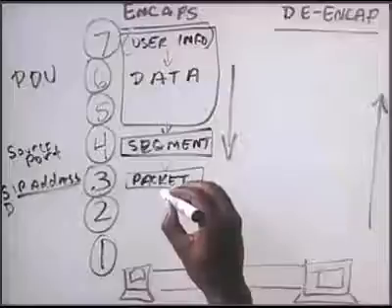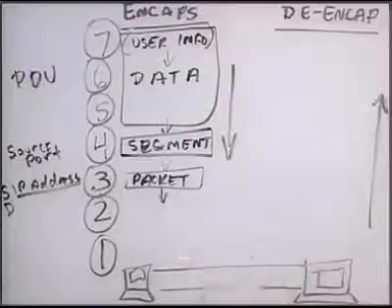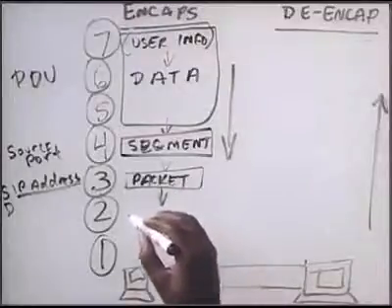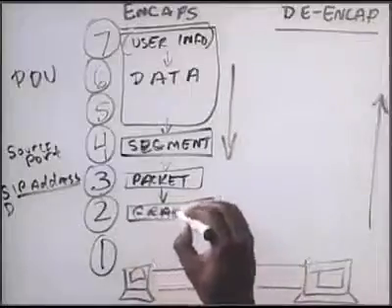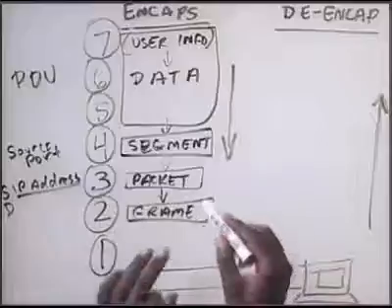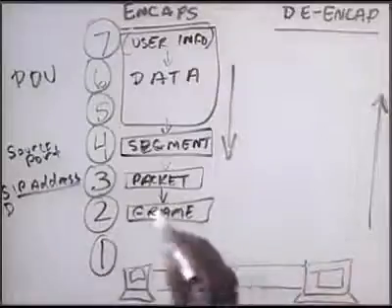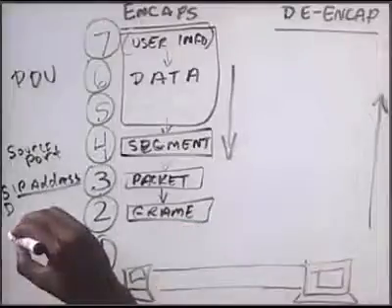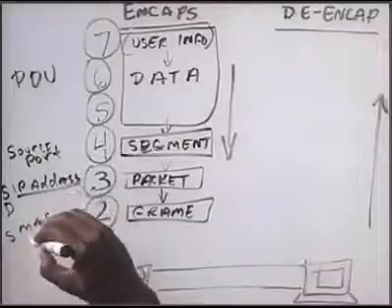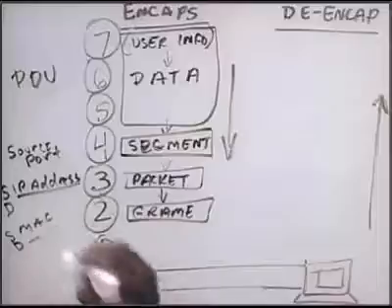And then that packet is sent down to layer 2, where we have a frame, where you have the frame header that is attached to the packet, which now has a source MAC address and a destination MAC address.